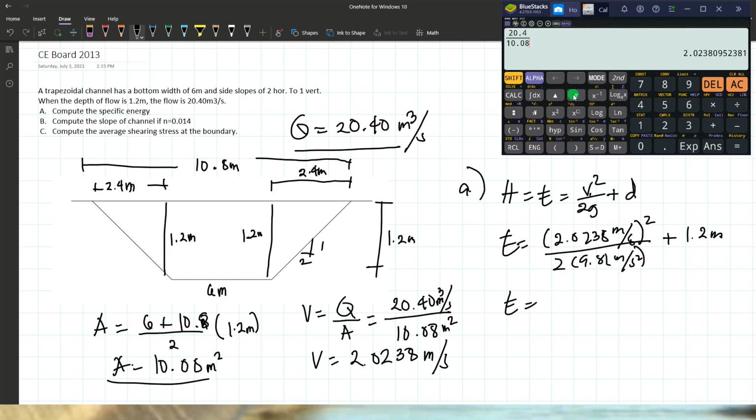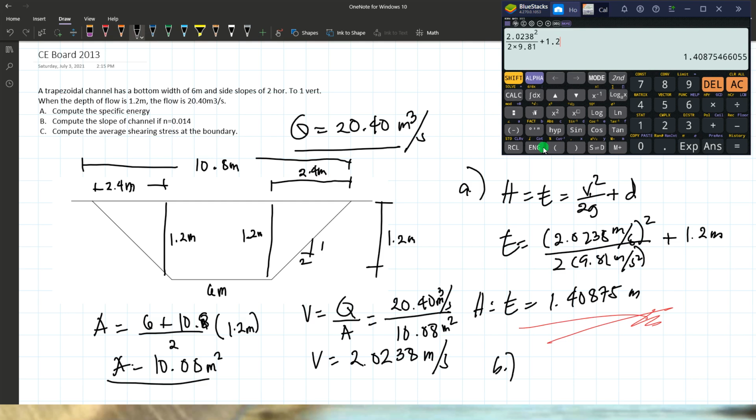So the specific energy is 2.0238 squared over 2g plus 1.2, which is 1.40875. Okay, that's the answer, in meters. That's the answer for letter A.